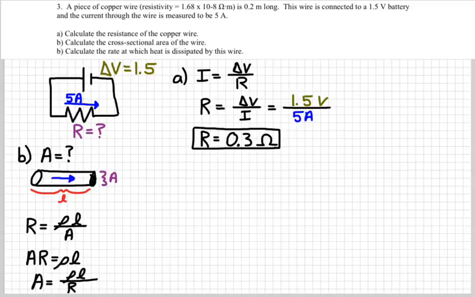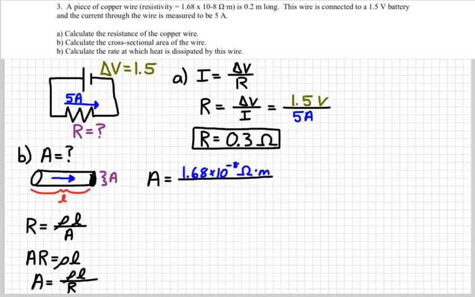So substituting in what we know, we know the resistivity of this is 1.68 times 10 to the negative 8. The units for resistivity are ohm times meter.